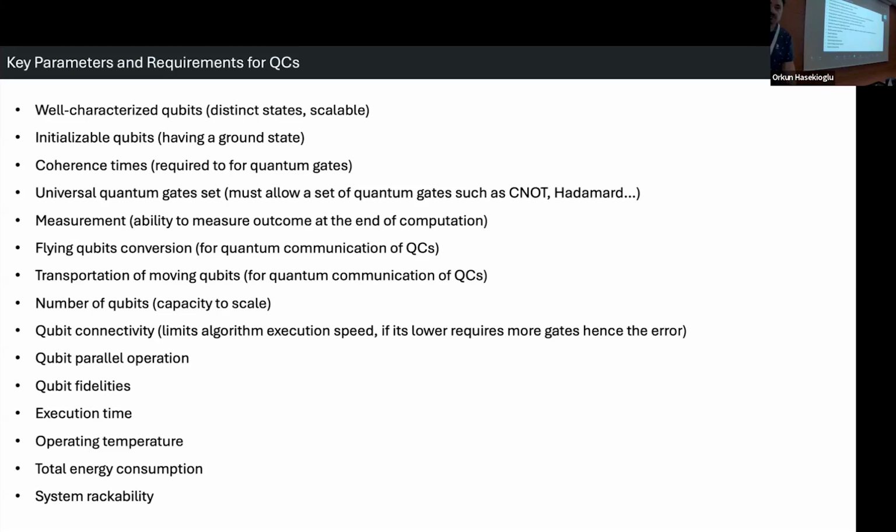And you need some complex set of operations to do that. Then you need to be able to measure it, which is the important part. For example, with some kind of CNOT, you can create some entanglement, but if you cannot measure it with some realistic setup, then it doesn't work for you.